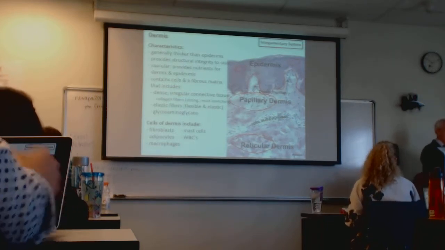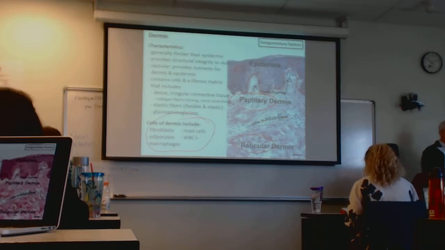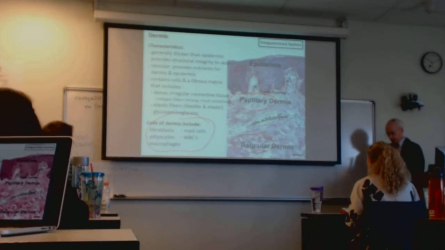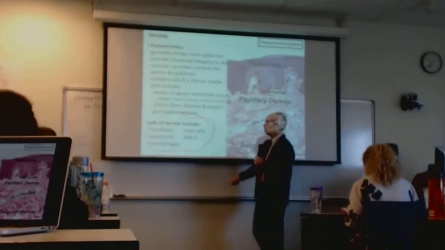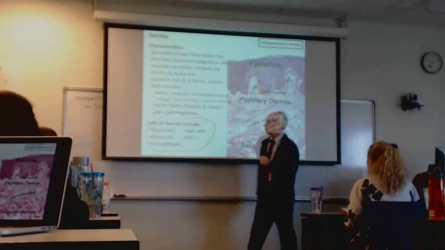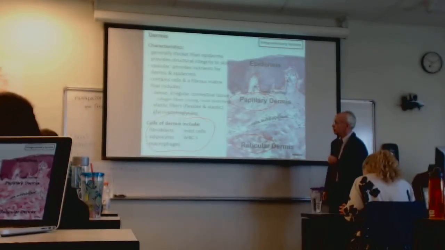You can see a list of the cells present in the dermis down here. We've talked about most of these. You know what a fibroblast is, the specialized cell of connective tissue that secretes the matrix, in particular the collagen fibers that we would find in the dermis.